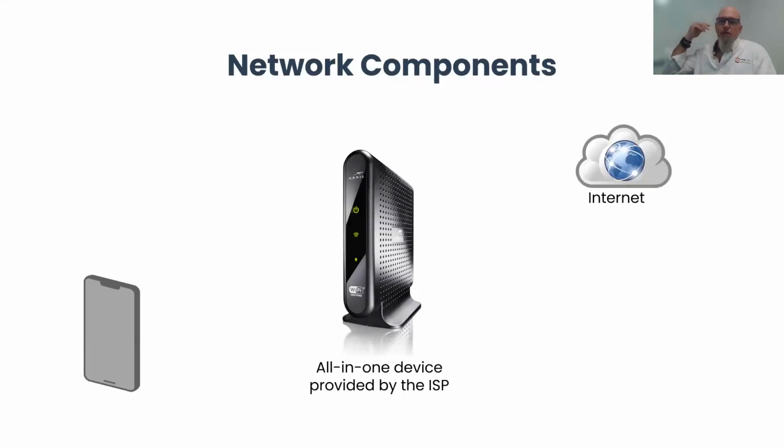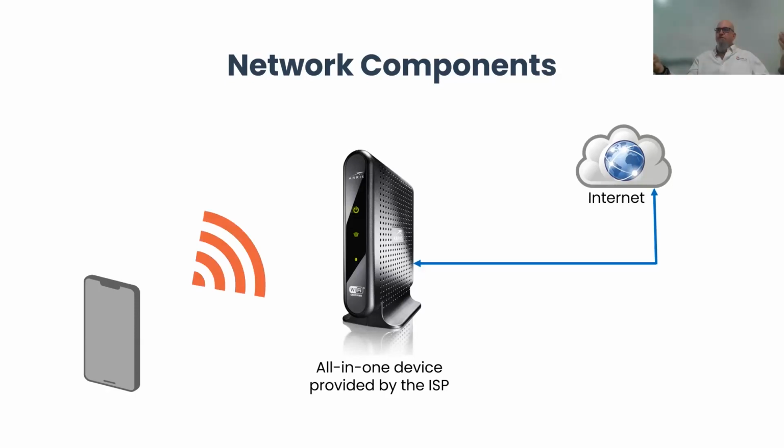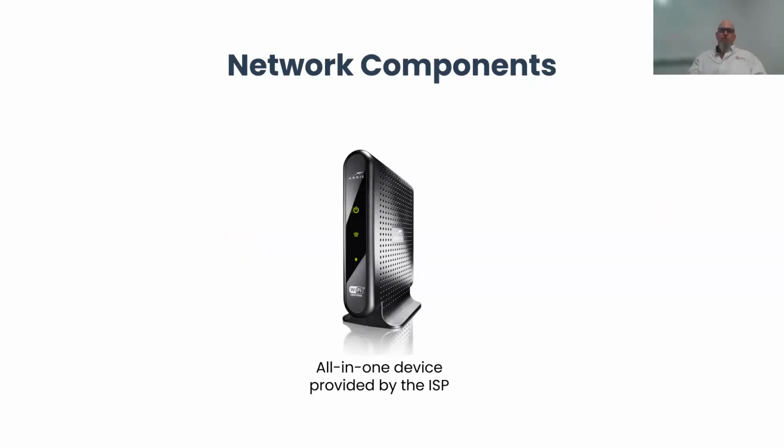So internet service providers will typically supply their customers with an all-in-one appliance, which includes all of the networking components needed to allow them to connect their Wi-Fi devices to the internet. It's pretty straightforward. And included in this all-in-one appliance is a multitude of individual components.